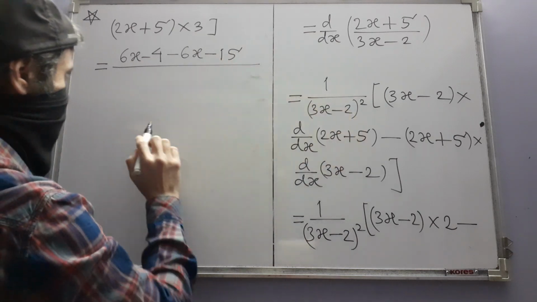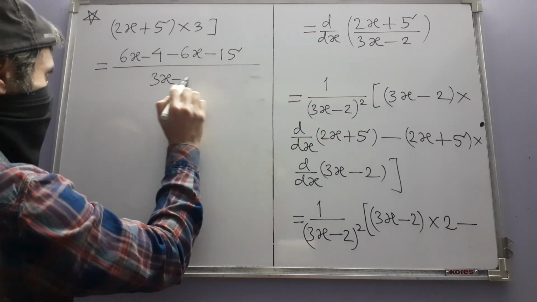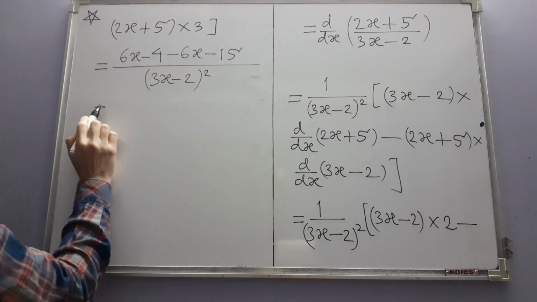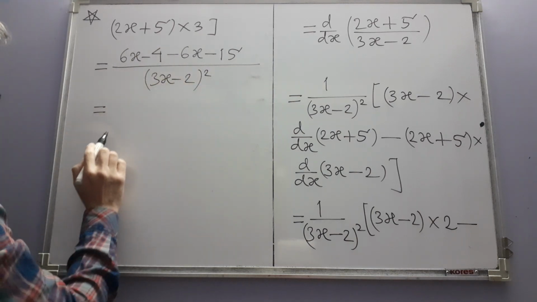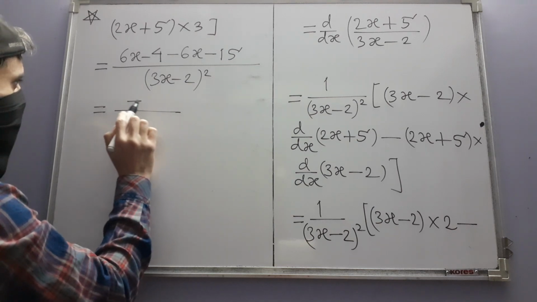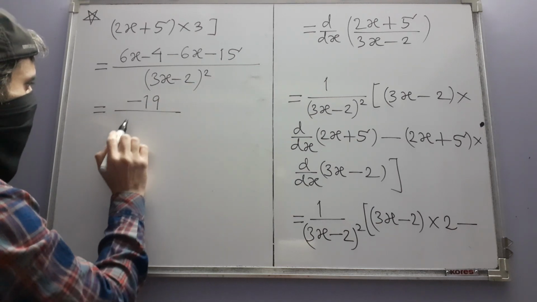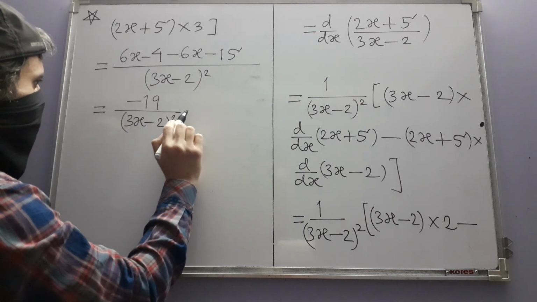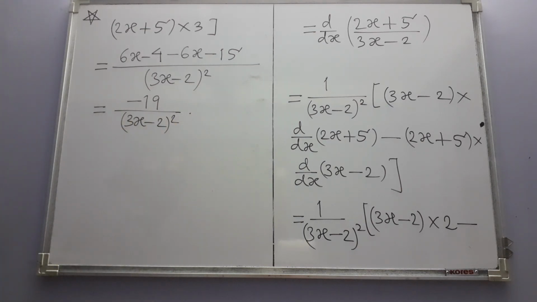And the denominator was this. So you see there is a cancellation. That means ultimately you are getting minus 19 divided by 3x minus 2 whole square. This is the derivative.